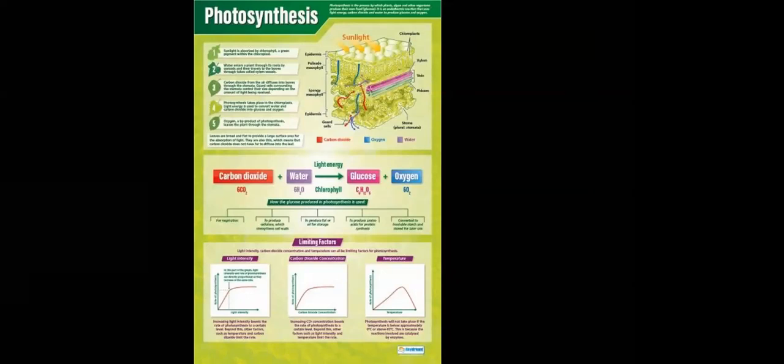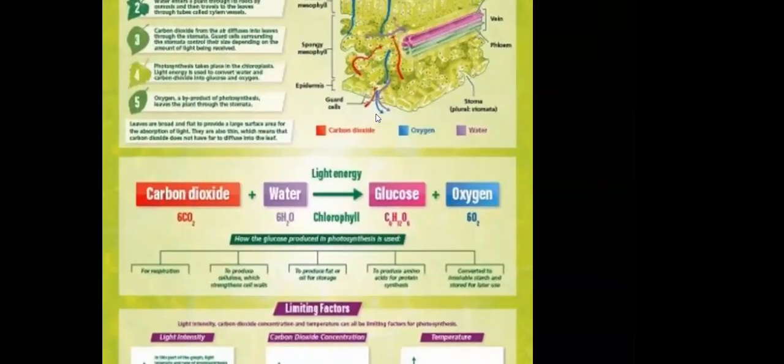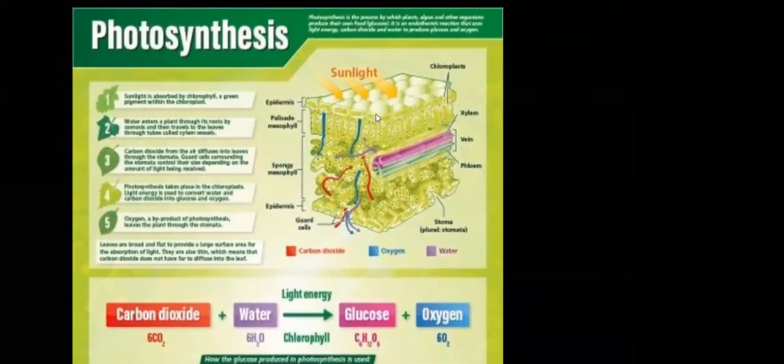Now this is a very simple example of an e-poster: photosynthesis. Everybody knows photosynthesis, but how to make a presentation or e-poster of it is very important. In this image you can see it very beautifully.